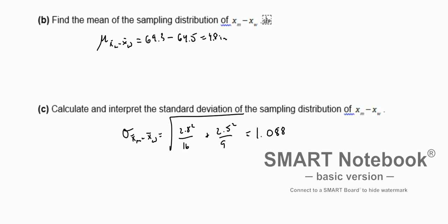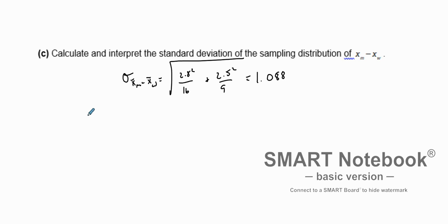So what does that mean? Let's interpret that value.